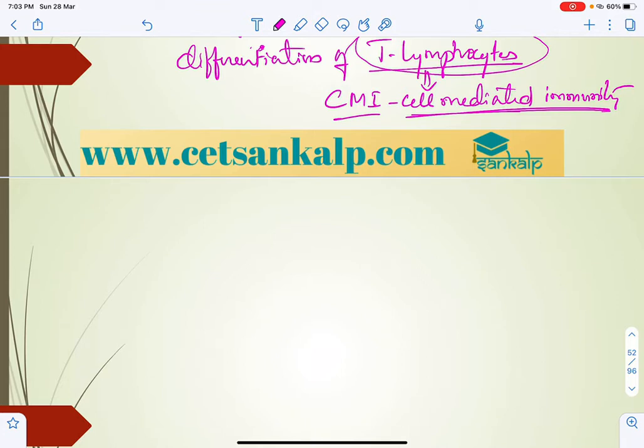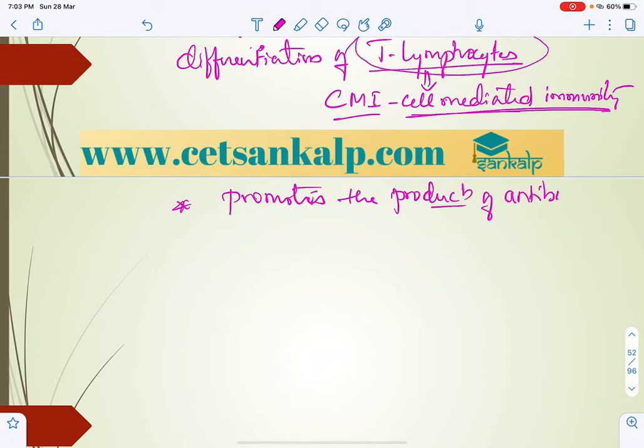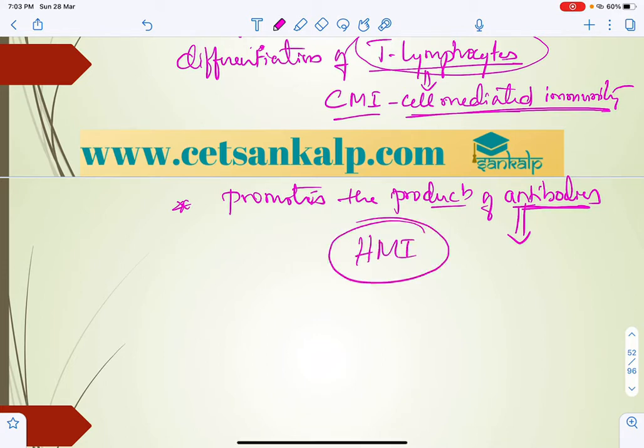Here it also promotes the production of antibodies, and these antibodies provide humoral immunity. These two terms are very important. Cell mediated immunity is provided by T cells.